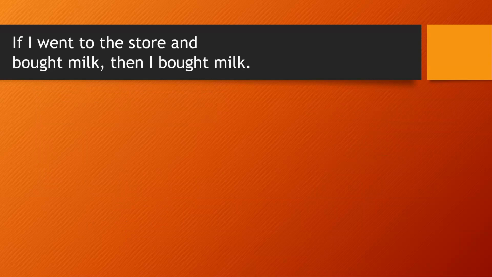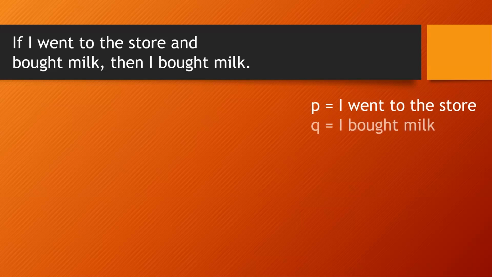So let's think about this sentence. If I went to the store and bought milk, then I bought milk. Let's see if we can convert that to symbolism to determine if it's always true, always false, or some mixture of true and false. We'll let P represent I went to the store, and Q represent I bought milk.